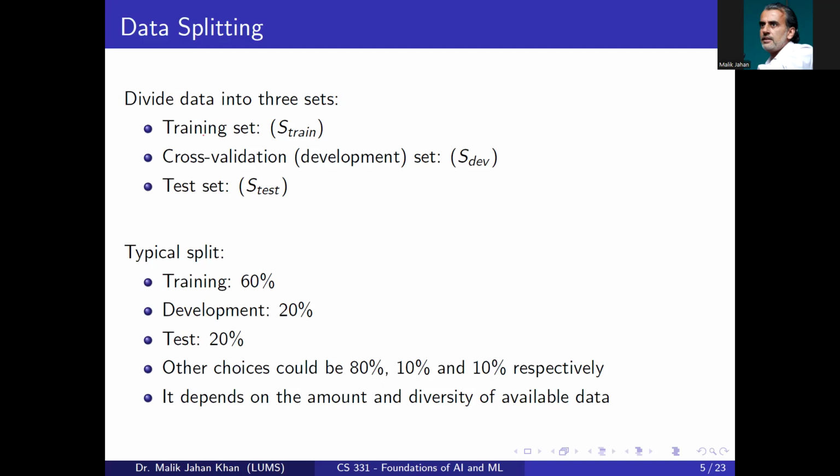Or there could be a situation where you are really, really interested in the training exercise, so you want to use as much data as possible for the training purposes. So you might be going for some extreme kind of split as well, like 90% goes in training, 5% goes in dev, and 5% goes in test. These are the scenarios where people are really interested in training the model in such a way that almost all possible situations should be fed in the training exercise, because even a small improvement in the performance matters a lot for your purposes.